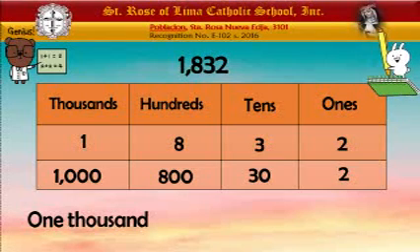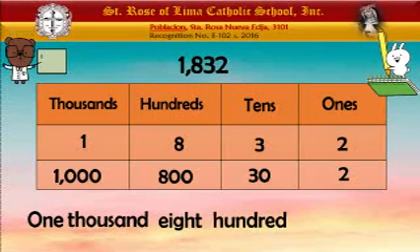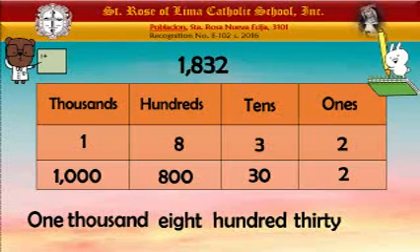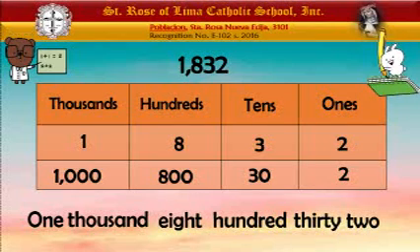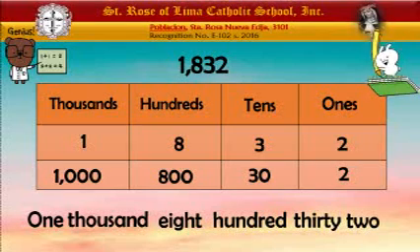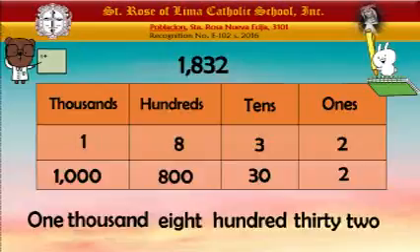So let's write 8 and then write the place value, which is hundred. Another one, we have there 30. So we write 30. And the last one, we have there 2. So we are going to write 2. So this is how we write 1832 in words.